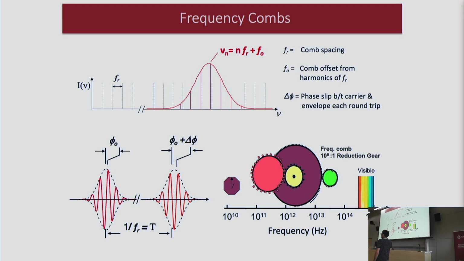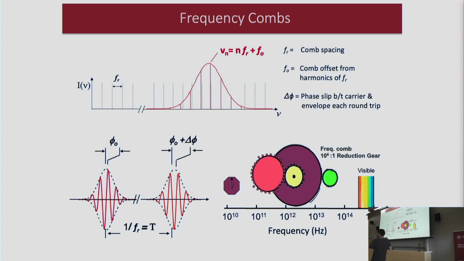So what are frequency combs? These are pulsed lasers, but they are very well stabilized in the sense that the delay between pulses emitted by the laser is very precise, and also the phase evolution from pulse to pulse is very well stabilized. And in frequency domain, this corresponds to a comb of equidistant lines, which can be very narrow, the same way that you have with CW lasers.